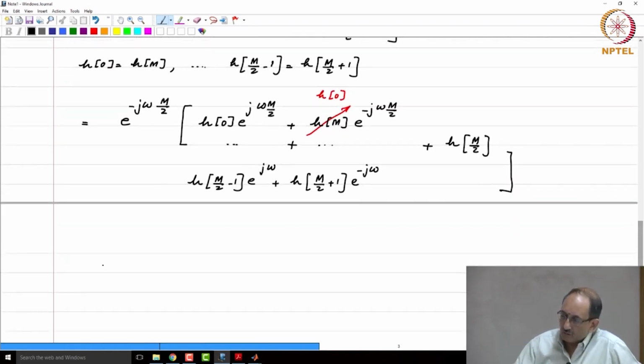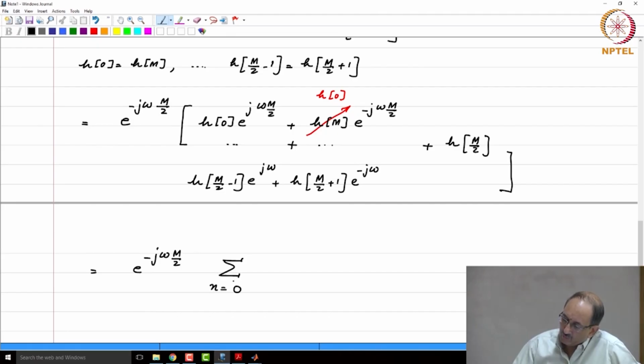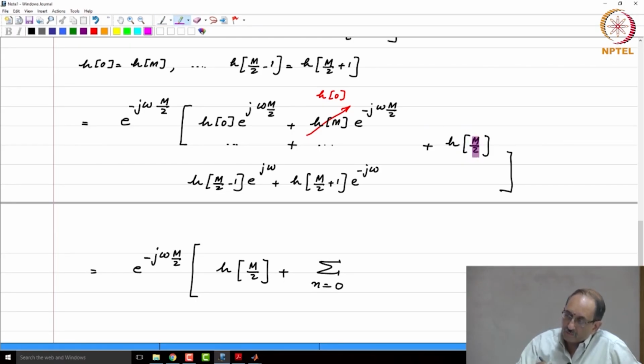And now you see the pattern that has emerged. So, you have e to the minus j omega M by 2 times the sum for n going from 0 to, we will see what the upper index is. We have to account for this center term h of M by 2 plus the sum for n going from 0 to, this term is accounted for.